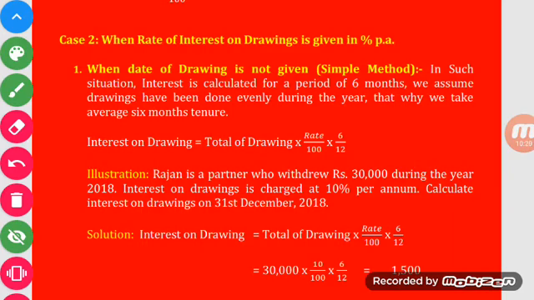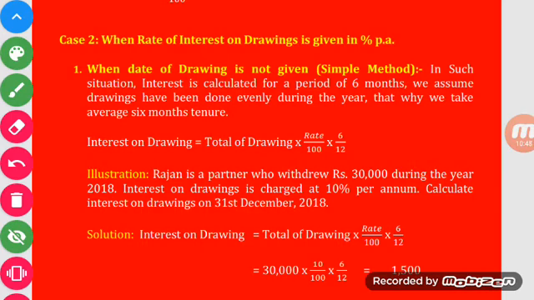Now here, the first point: these are conditions for calculating irregular drawings. The first condition of irregular drawings is when the date of drawings is not given in the question. In such a situation, interest is calculated for a period of 6 months.